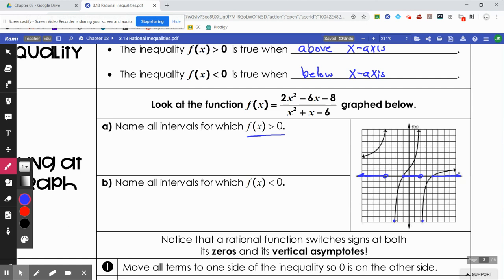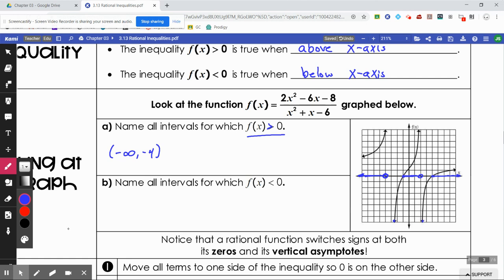So that would look like this in interval notation. That'd be everywhere from negative infinity up to the asymptote line, which is negative 4. And since it's an asymptote line, here's what you've got to be cautious of. It's not "or equal to" at that asymptote line because it cannot be included. We'll talk more about that later.